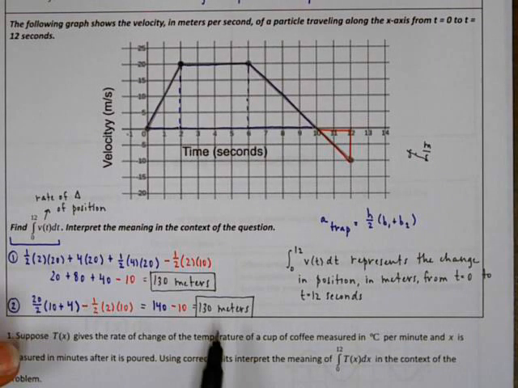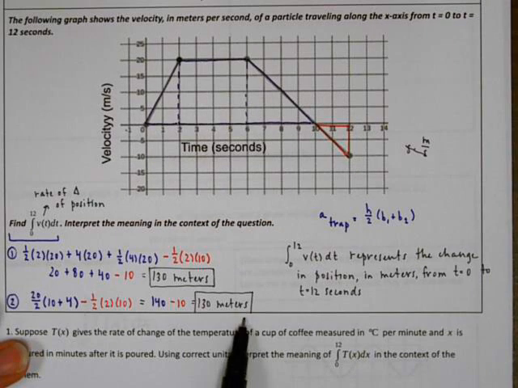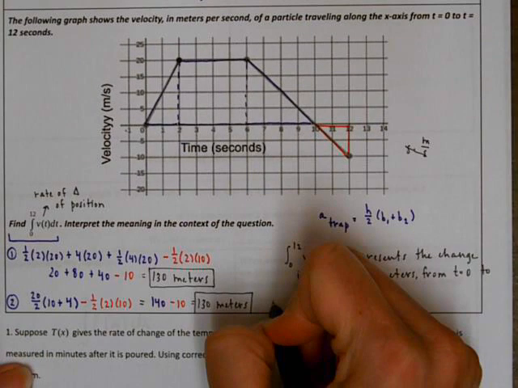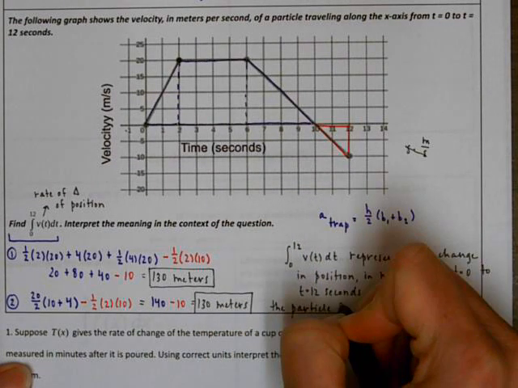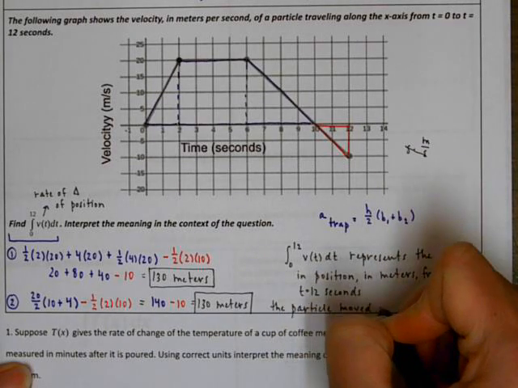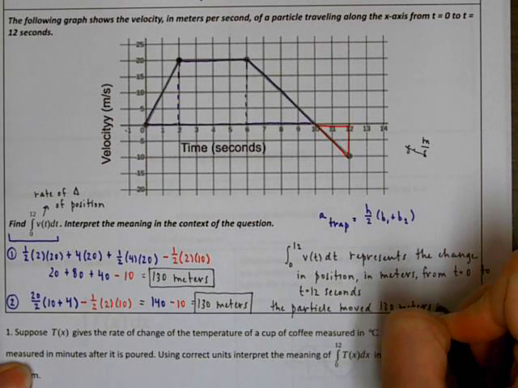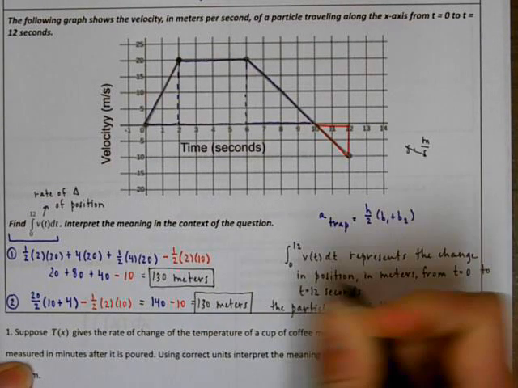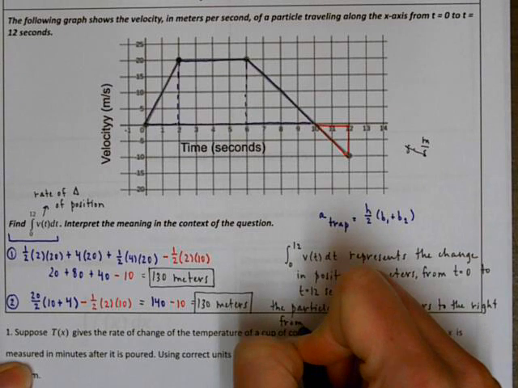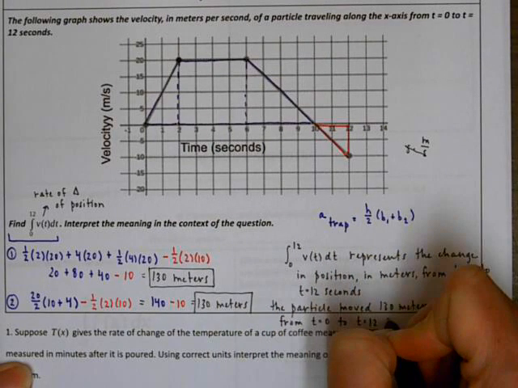So in our case, since that value was 130, since it's positive, I know that the particle moved to the right. So I would say the particle moved 130 meters to the right from t equals 0 to t equals 12 seconds.